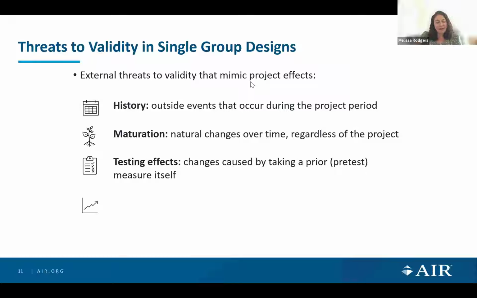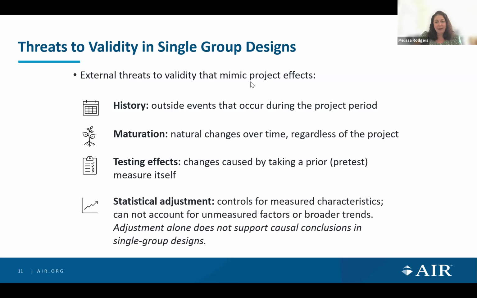And finally, single group designs can utilize statistical adjustments or techniques where results are included to control for measured variables, such as demographic or pretest measures in the pre-post test design. However, they are limited, and adjustment alone does not support causal conclusions.